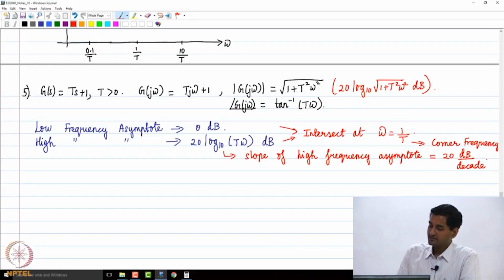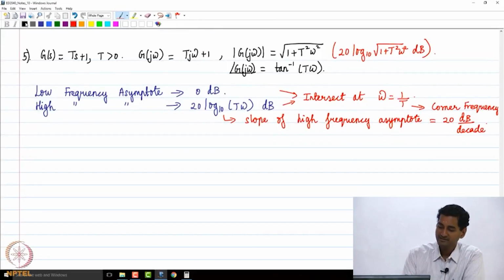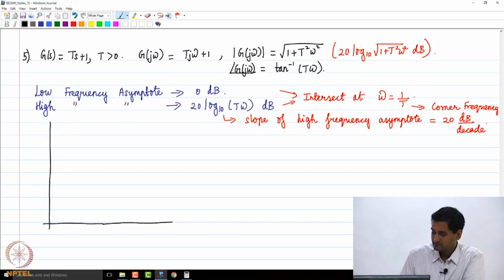So, how would this magnitude plot look in this case? Once again, if I plot the magnitude curve for this in decibels, let us say this is 0, this is 20.